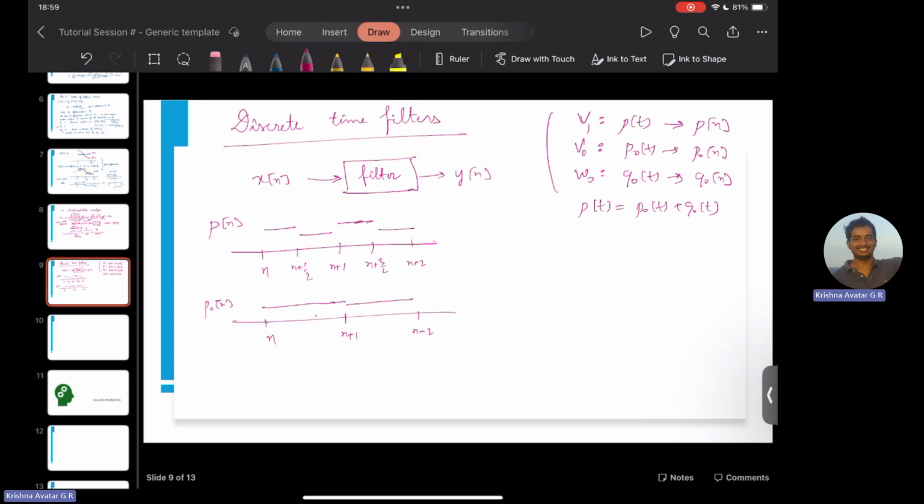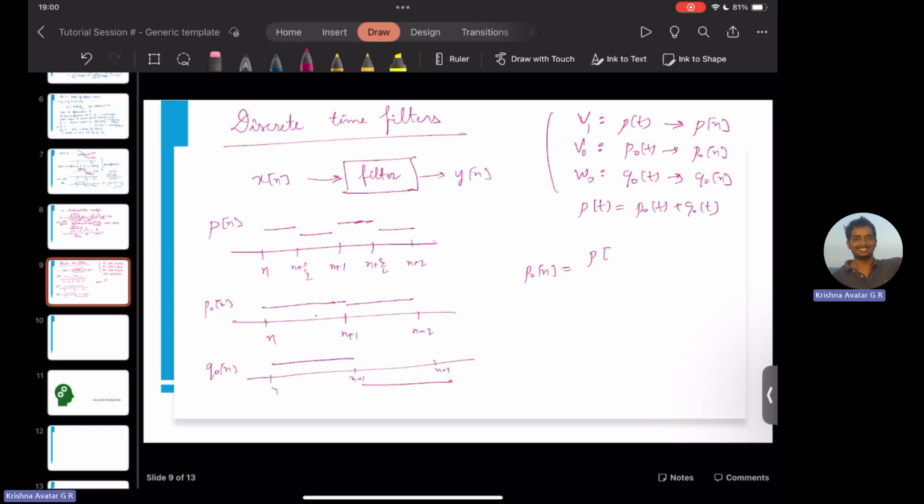So to capture the difference, we chose Q naught of n, which only captures the difference of this. So what we essentially wanted to say is that we have P naught of n equal to P of n.